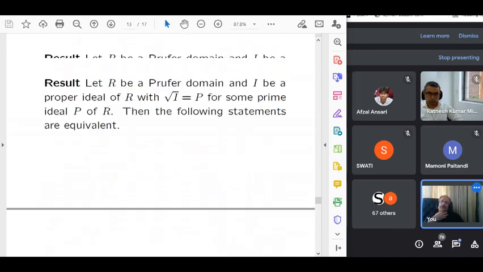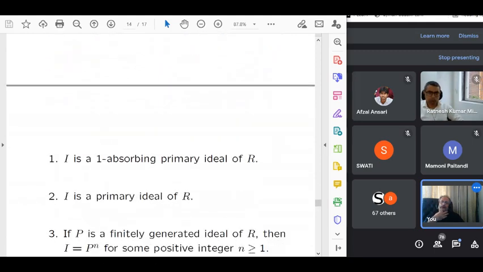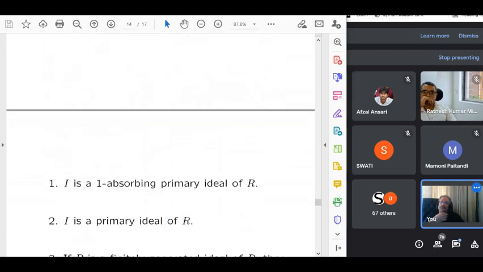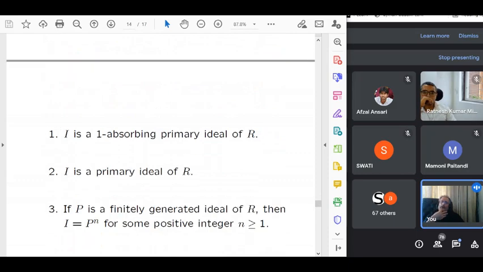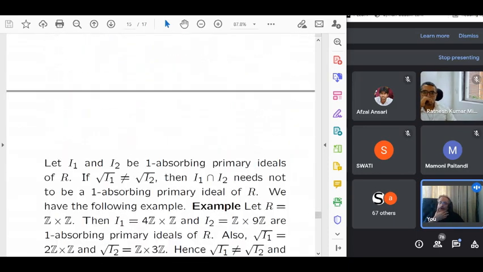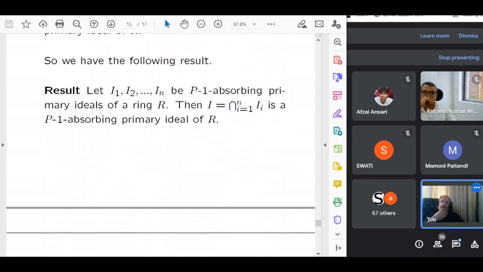And for a Prüfer domain, of course, if you have a Prüfer domain with more than one maximal ideal, then we know that the two concepts are the same. Okay, anyway, here are some more. I think that's enough for me.